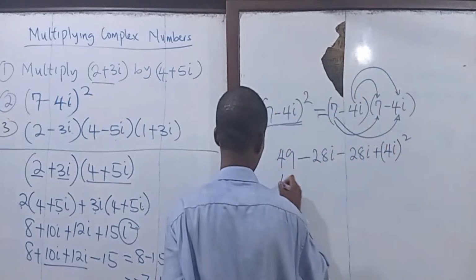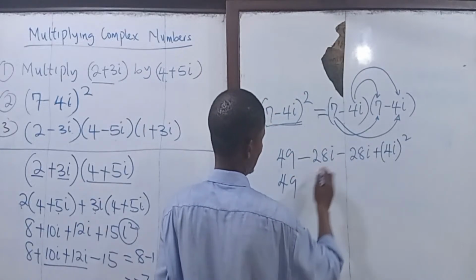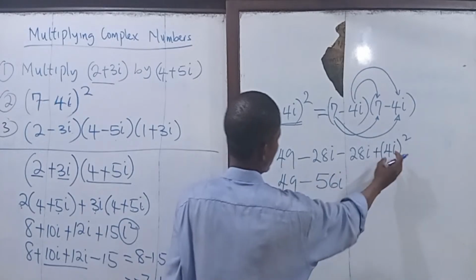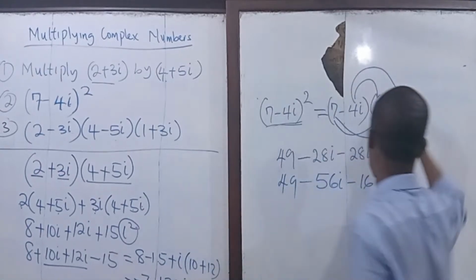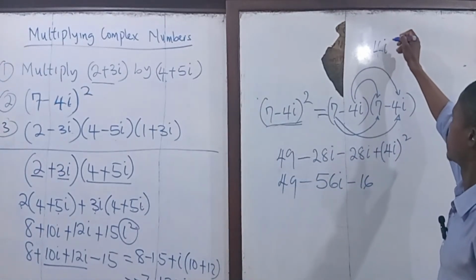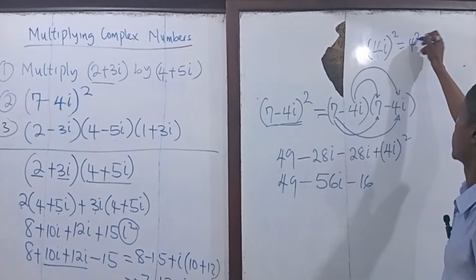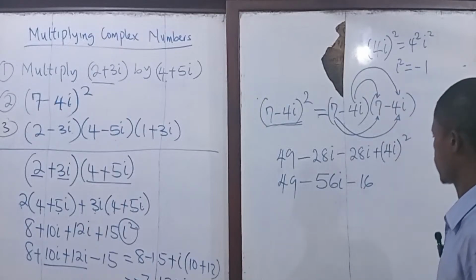Okay, and this will be equal to 49 minus 28 minus 28, that's minus 56i. And this one will give us what? Minus 16, because (4i) squared implies 4 squared and then i squared, and i squared is minus 1.